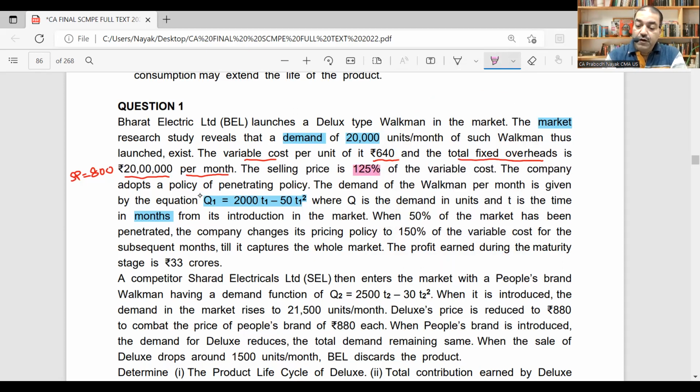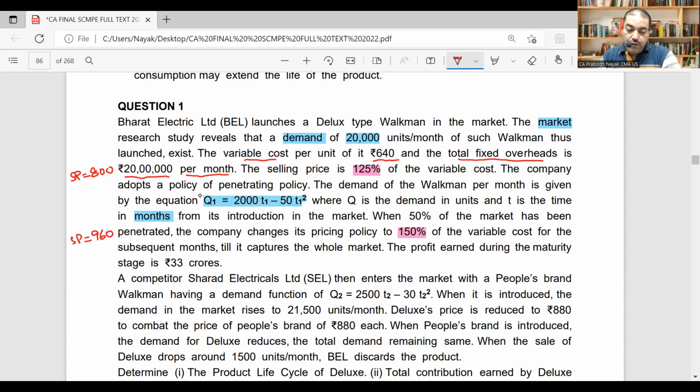Now the selling price changes to 150% of the variable cost. So tell me what is going to be the selling price here? Variable cost remains the same, 640 into 150%. So that will come to 960. Second selling price, 960.